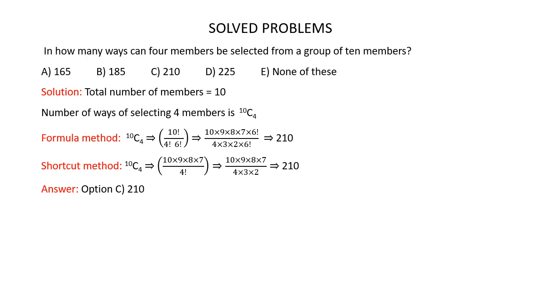Now on solving this, we get 210 as the answer. So there are 210 ways of selecting 4 members from a group of 10 members. So the correct answer is option C, 210.